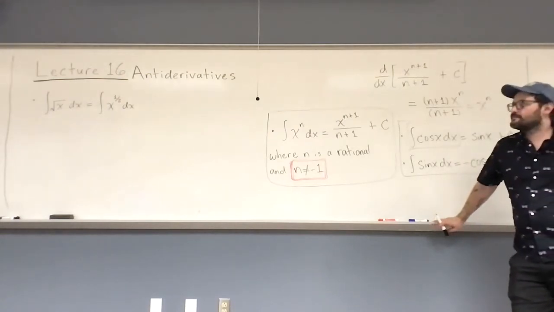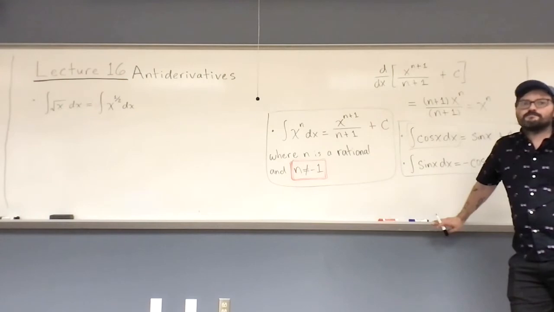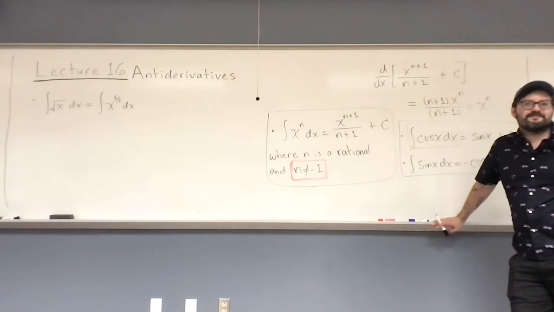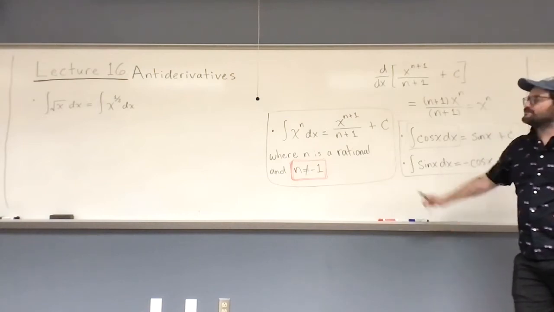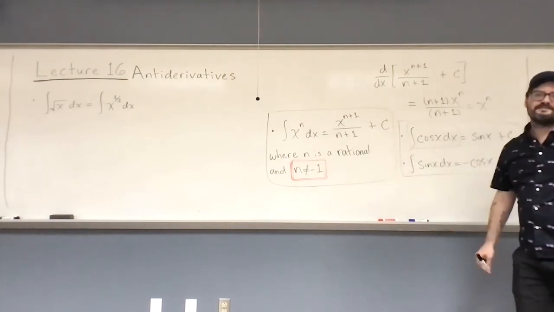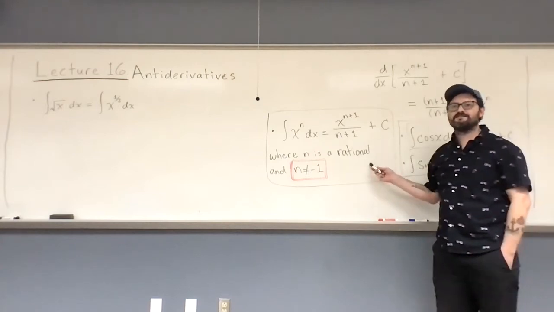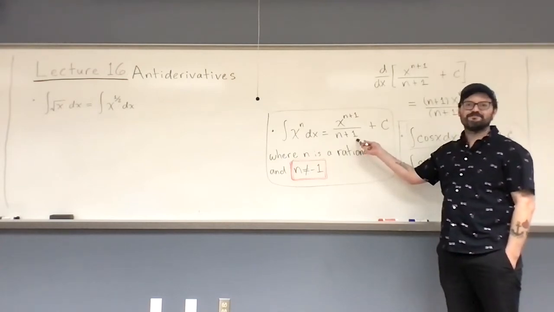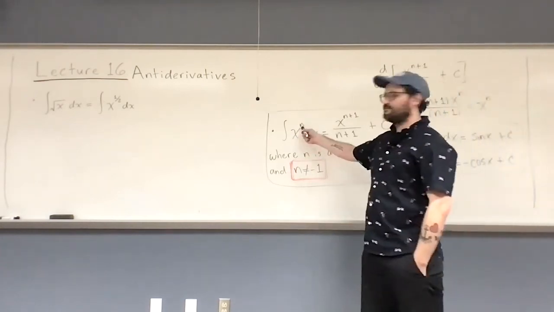Would it be 2x? Take the derivative of 2x. What do you get? You get 2. That's not x to the power 1/2. It's right in front of you. It's a half. It's literally that. Really? Yeah.